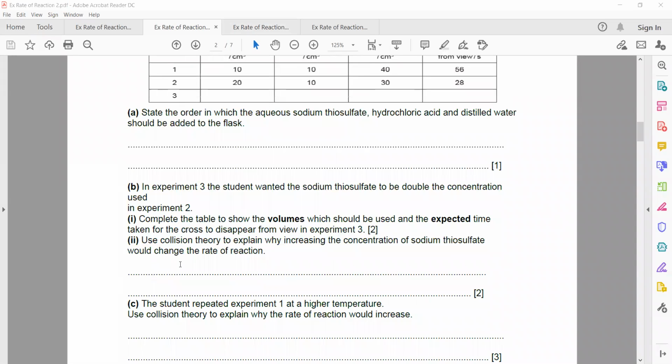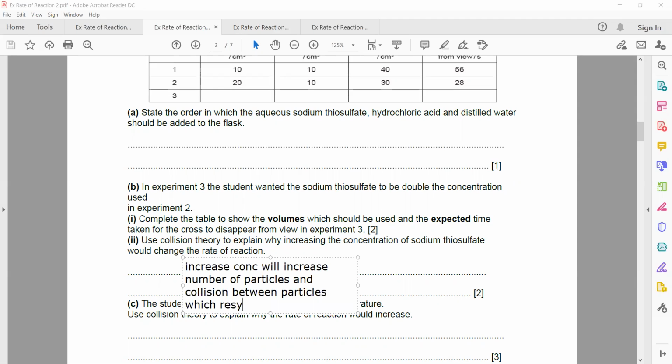So in terms of collision theory, how do we state it? Increasing the concentration will increase the number of particles and collisions between the particles, which results in a faster rate.